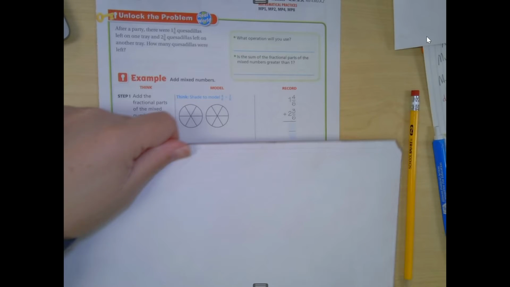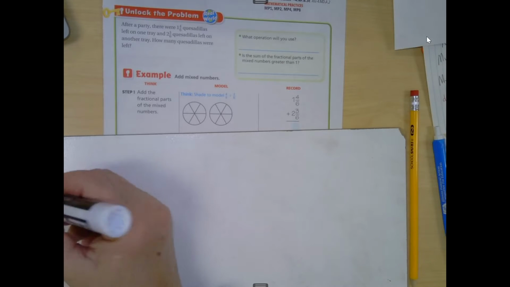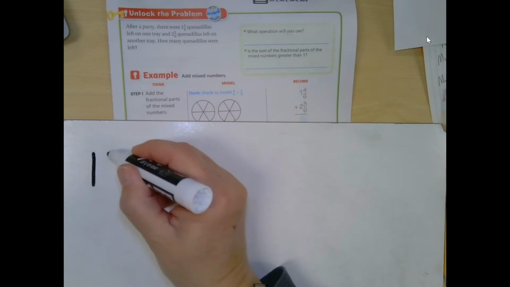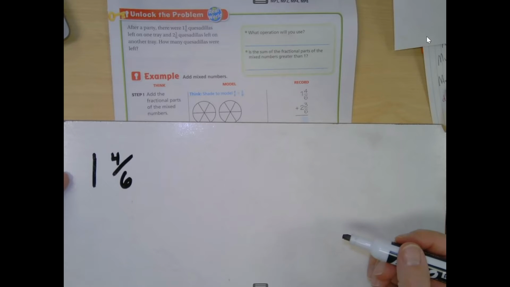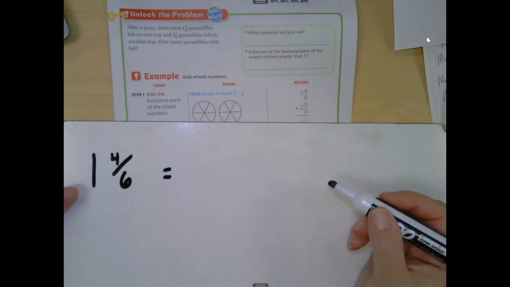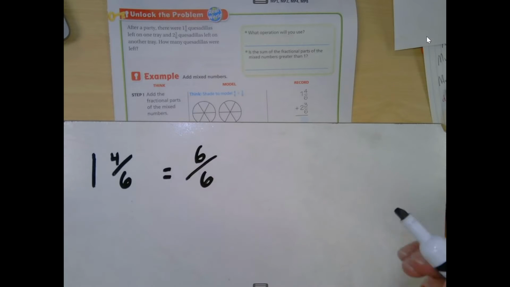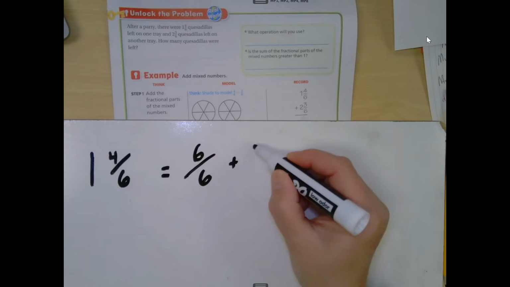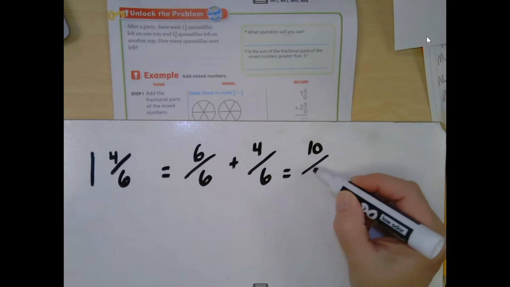If you have a mixed number, like in the first one, we've got 1 and 4/6. If they asked you to write this mixed number as a fraction, you could think of the 1 as 6/6 plus the 4/6, and you would get 10/6.